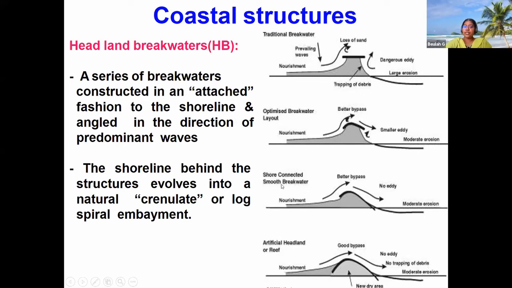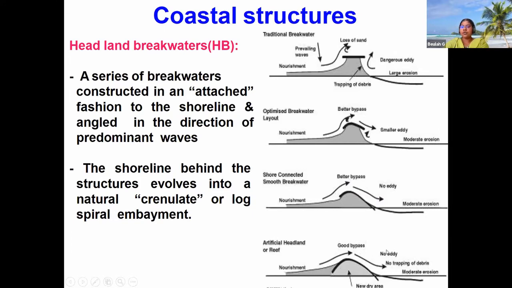Here, connected to the smooth breakwaters, no eddy current is formed, or very little. The erosion from the second diagram to the third diagram is comparatively lesser. And here in the fourth slide, you can see the erosion is very little, and no eddies are formed.